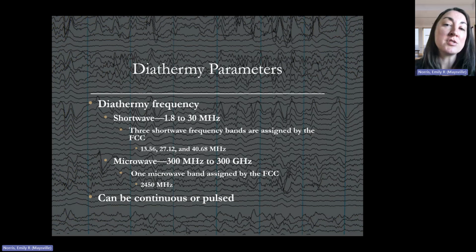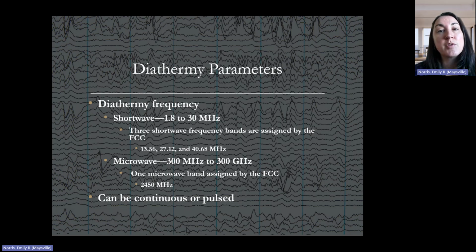Most diathermy machines, all of them, are going to be preset with the specific waves you can use that are already approved, but also typically the parameters are preset in there, and the only thing you can really change is like the intensity and the duration. There's a few machines that may have additional options, but typically the frequency is already set for you.